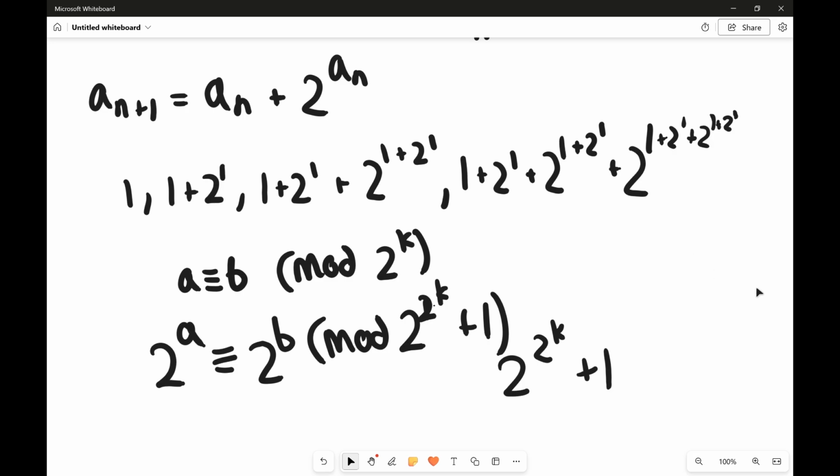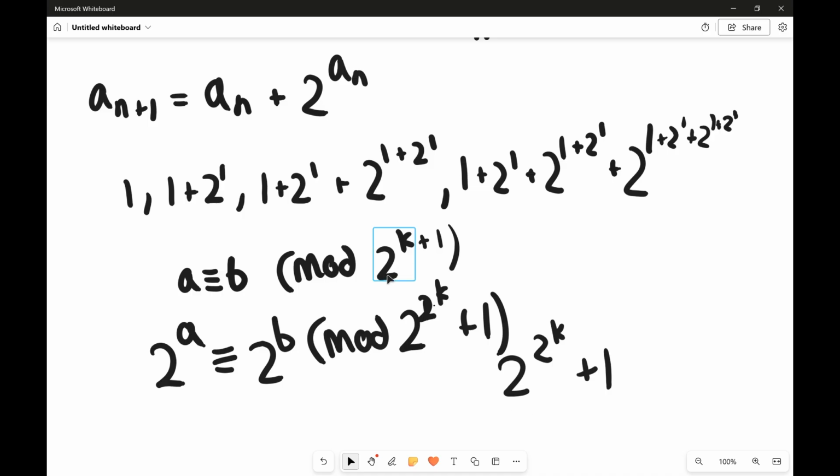And we want this to be true, but it's not, because whenever we go up to the k, then it ends up being equivalent to minus 1. So in order to counter that, we need to make this an extra plus 1.